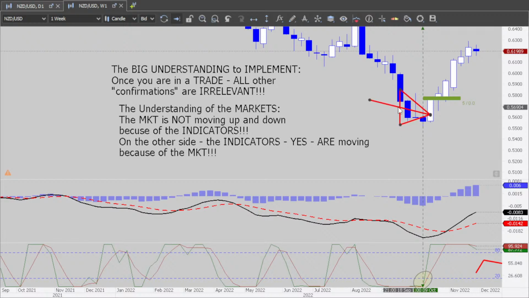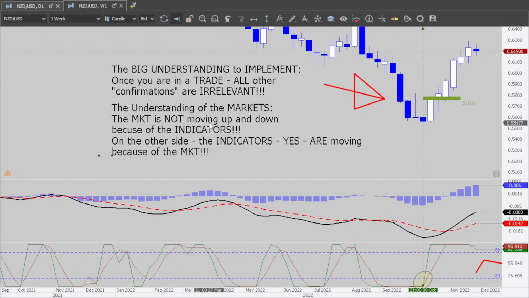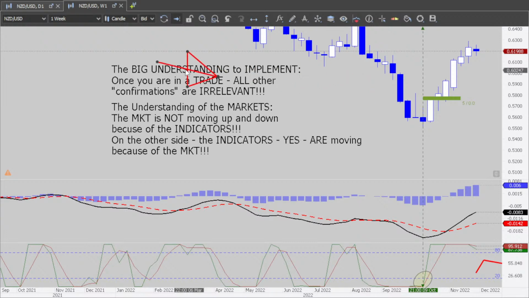Make sense, everybody? This market didn't go up because MACD crossed in here. MACD crossed in here because the market went up. Does this make sense to you? I know it's difficult to understand in the beginning. Exactly.